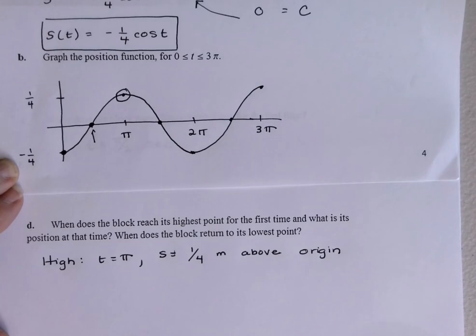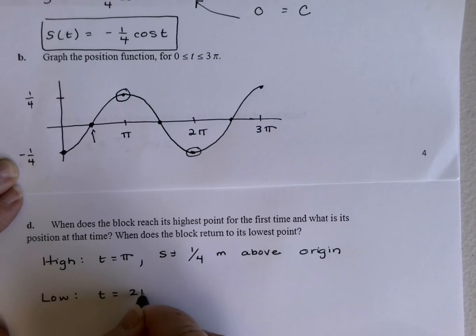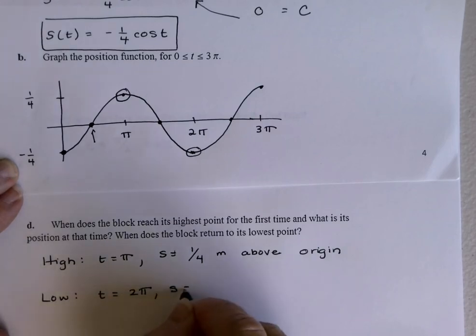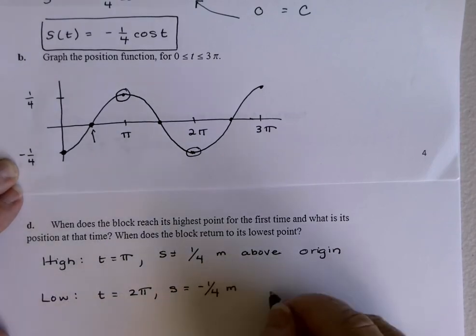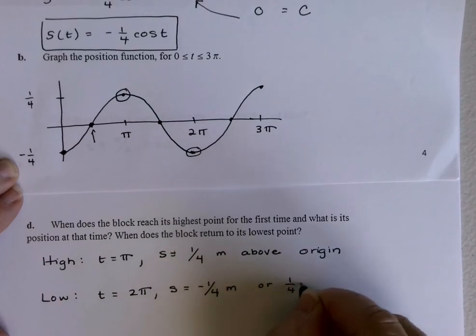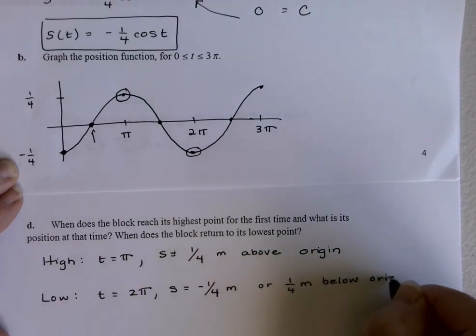And then when does it return to its lowest point? That would be right here at t = 2 pi. It's down -1/4 of a meter or 1/4 of a meter below equilibrium again, or below the origin.